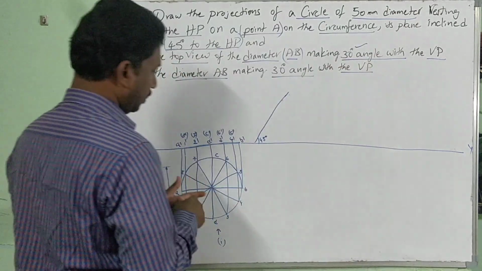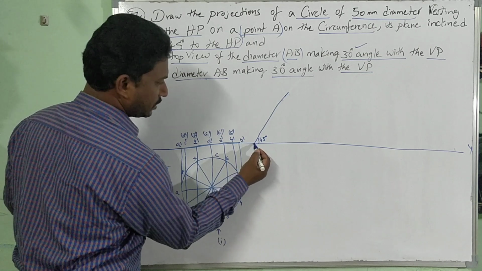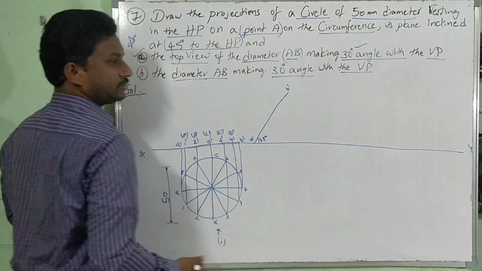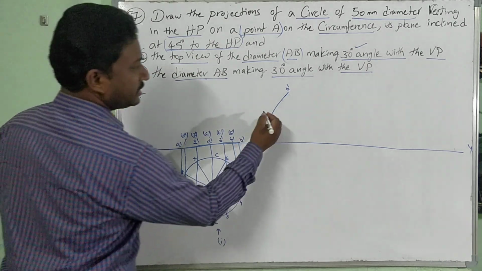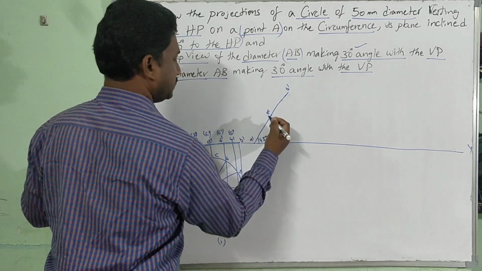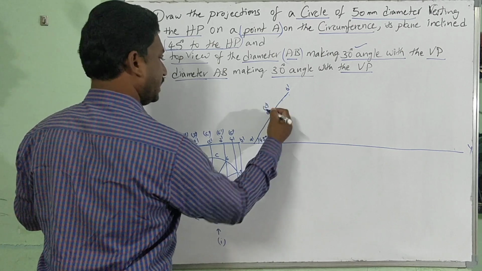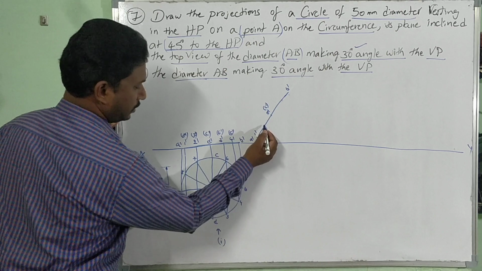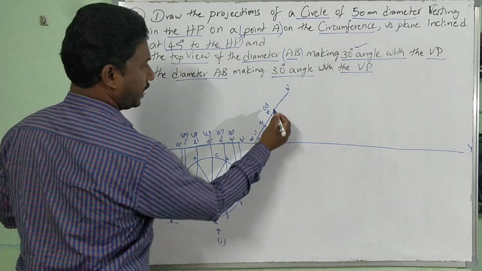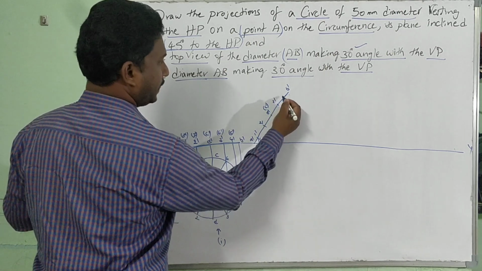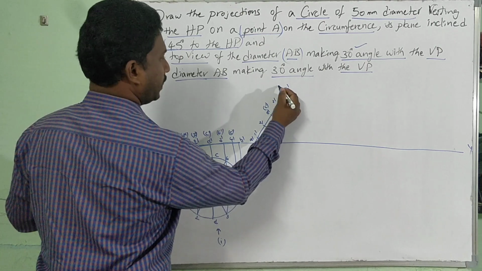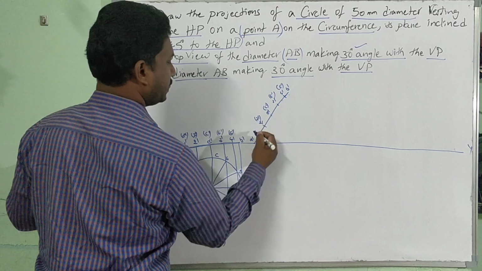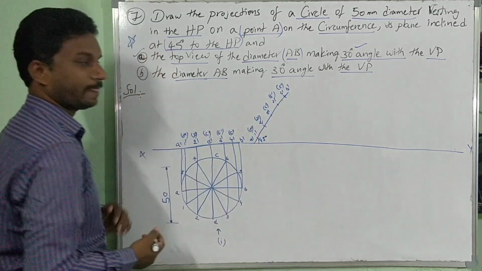Now the same markings here. As this is on HP, it should compulsorily be A dash. Now this should be B dash, the diameter. Next, in the center D dash, brackets C dash. Now the markings 1 dash, 2 dash, 3 dash, 4 dash, 5 dash bracket, 6 dash bracket, 7 dash bracket, 8 dash.